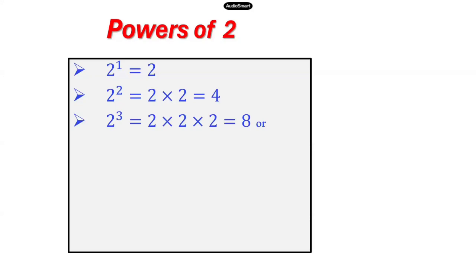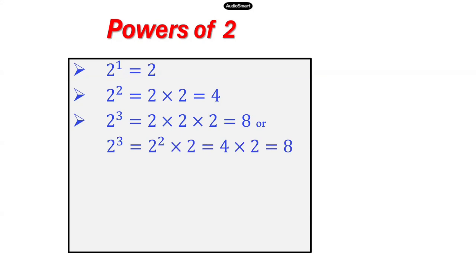Now we list the powers of 2. 2 to the power 1 is 2. 2 to the power 2 is 2 multiplied by 2, which is 4. 2 to the power 3 is 2 multiplied by 2 multiplied by 2, which is 8. Or we can calculate it like this: 2 to the power 3 is equal to 2 to the power 2 multiplied by 2, which is 4 multiplied by 2, 8.